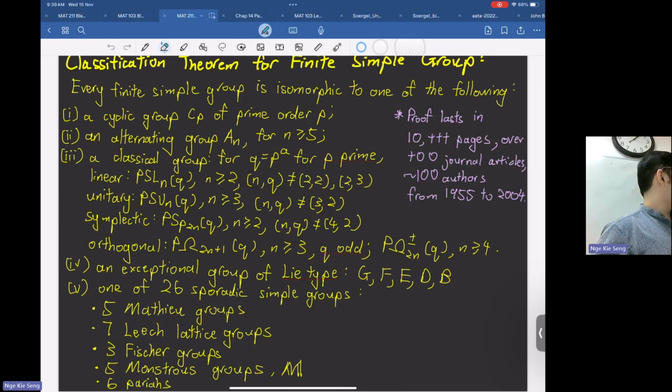I think for now you have the knowledge to understand about half of it. You can listen about how they discover this monster group. Yeah, question?